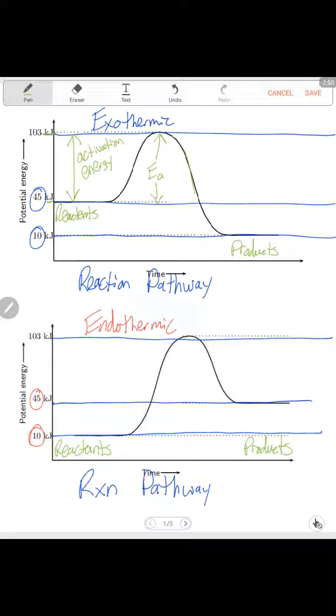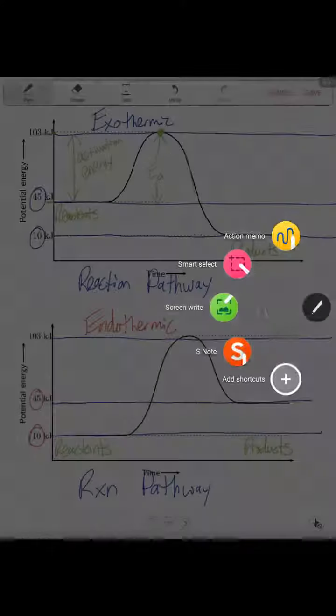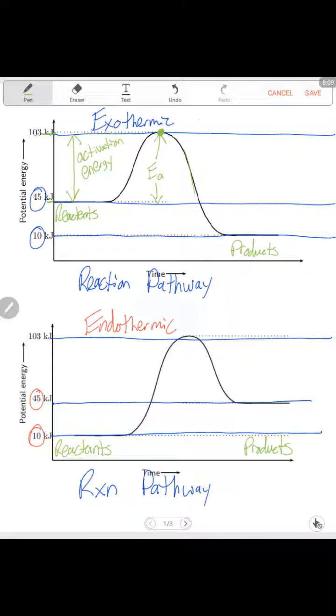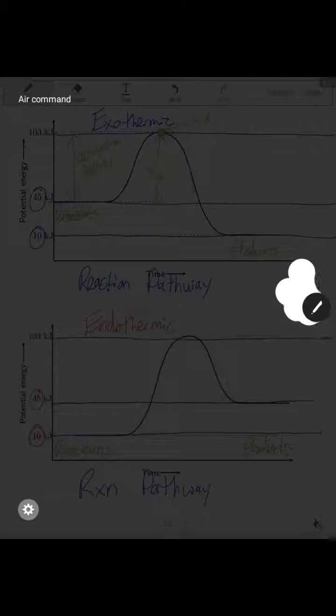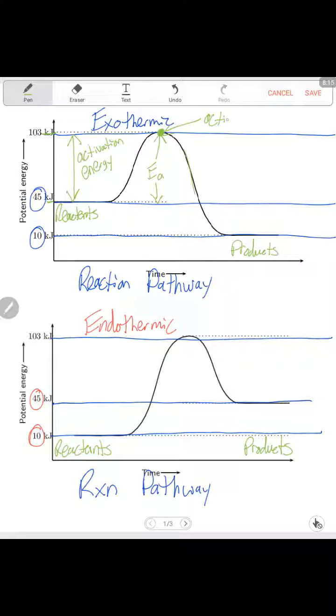Now, at the top of this peak, you may remember this from the video, right at the tip of that peak, that's something that we've got to know as well. Right here, this spot, this is called our activated complex. It's the highest energy point of the entire system.